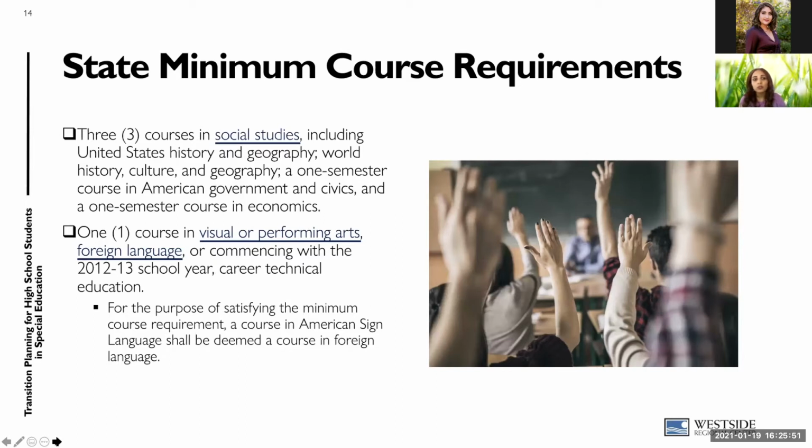This includes US history, geography, world history, and classes like that. And 1 course of visual performing arts or foreign language. Sign language can be substituted for foreign language, so you must have that conversation with your child's IEP team.